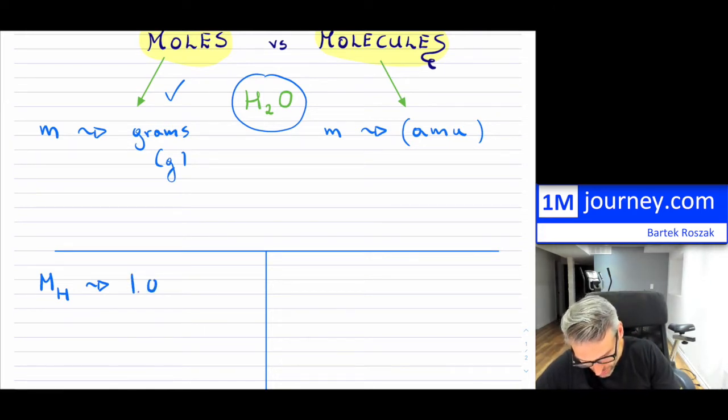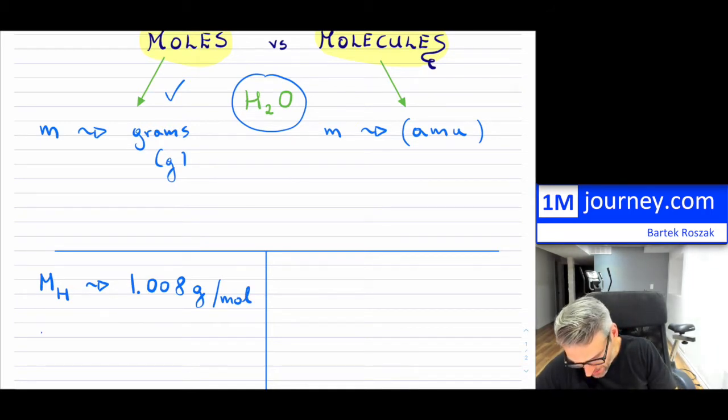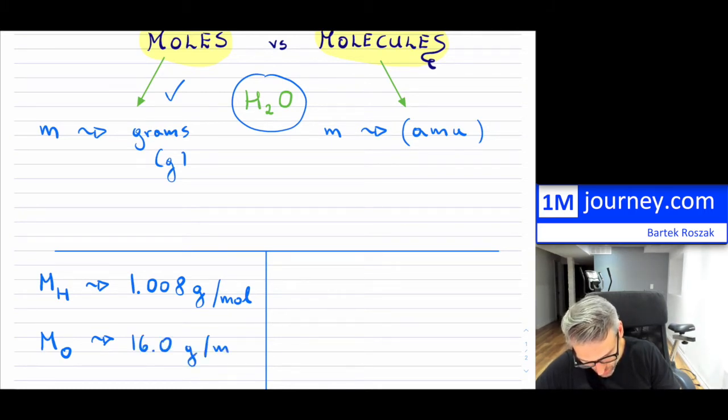Again, you can look this up, but I'm going to give this to you. It's approximately 1.008. But here's the key distinction: it is grams per mole when you're asked about moles. And the mass for the oxygen is approximately 16 grams, again per 1 mole.